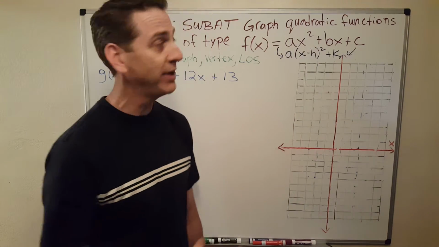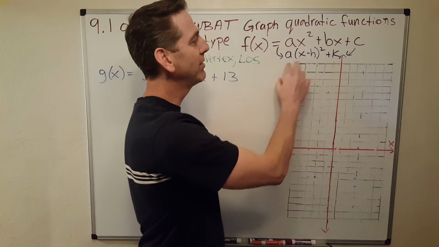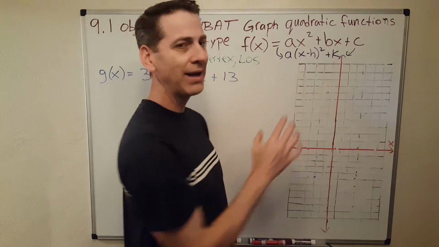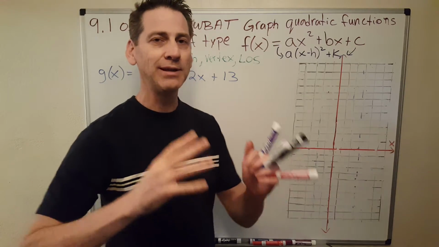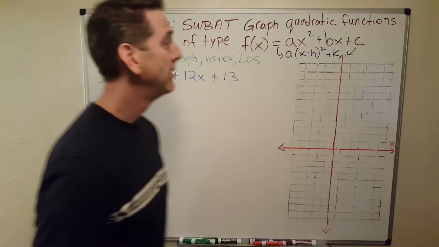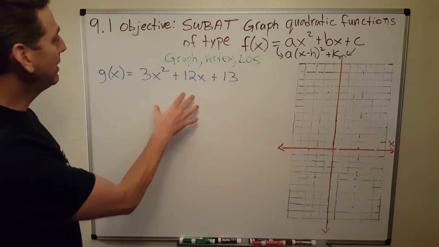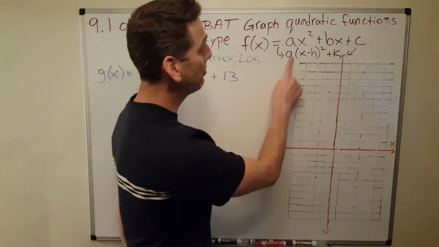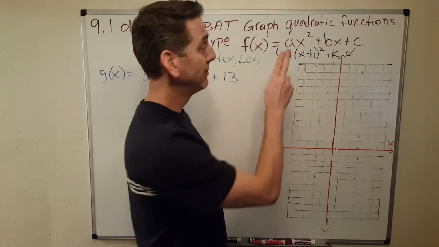We talked about in the last video how we need to convert them to what I call vertex form so that we can pick out the line of symmetry and the vertex so that we know how to set up our graph.